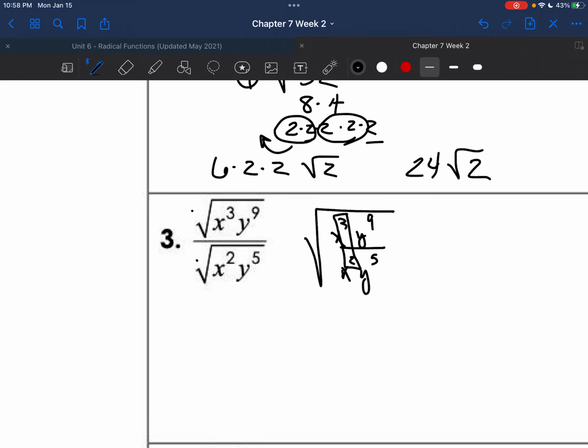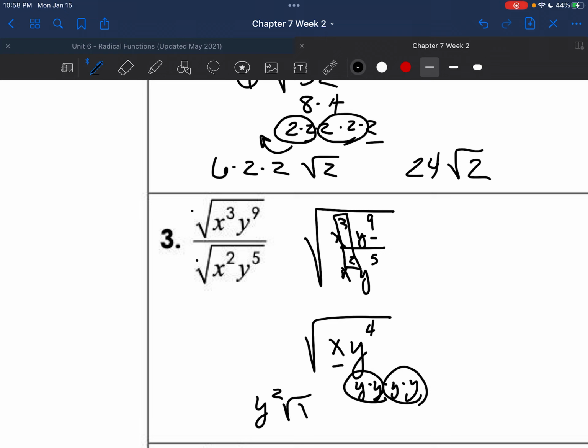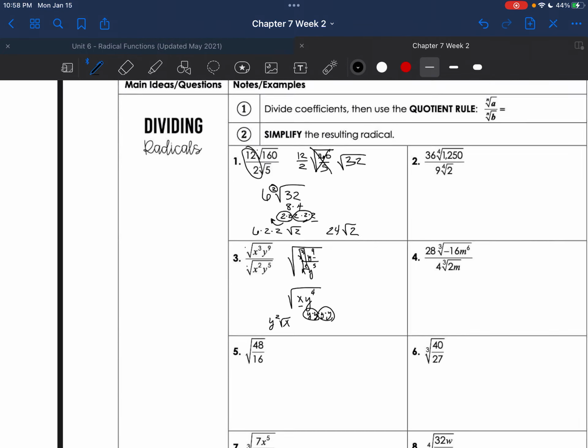Matching bases mean that I subtract my exponents. So I'm left with just an x. 3 minus 2 gives me 1. For my y, I have 9 minus 5 gives me 4. So if I have 4 y's, I have 2 sets. So I'm going to end up with y squared, and my x guy stays underneath.